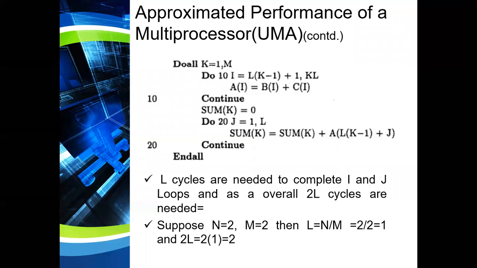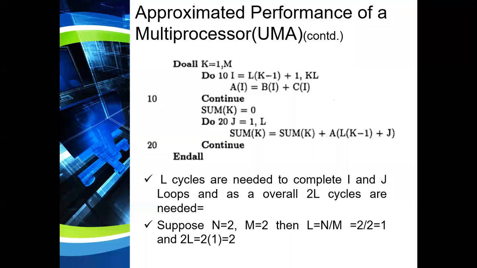Even with n equal to 2, the sequential version takes 4 cycles, that means 4 steps to complete. The parallel version of the same concept will need 2L, that means 2 steps, 2 cycles. So 2 by 4, that is 1 by 2, 50% faster than the sequential. So we concluded like that.